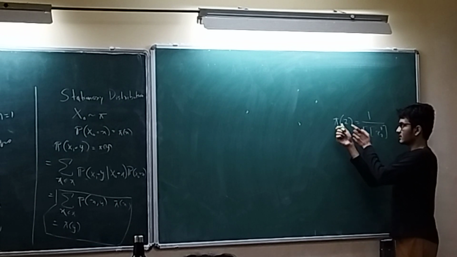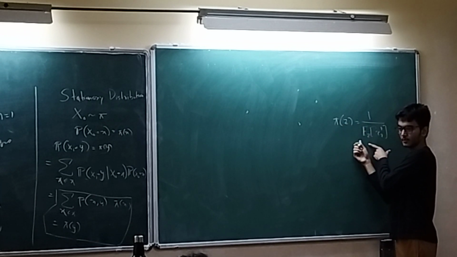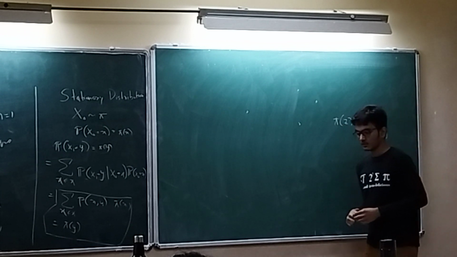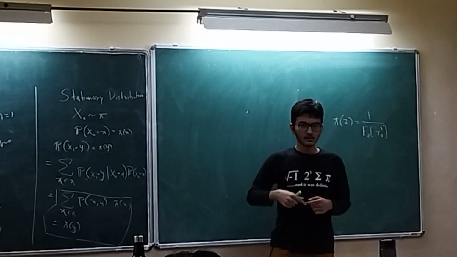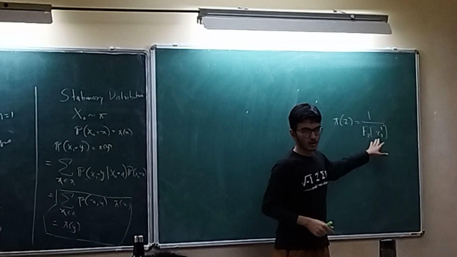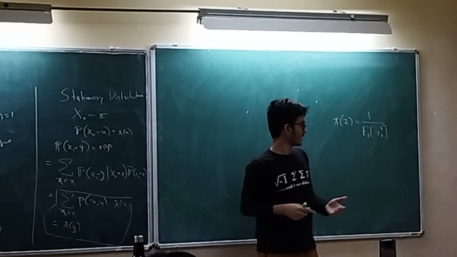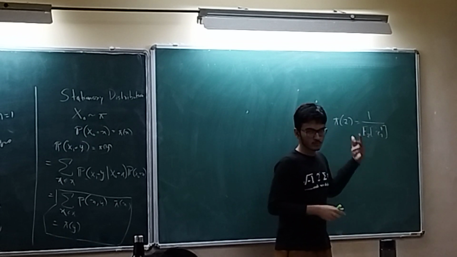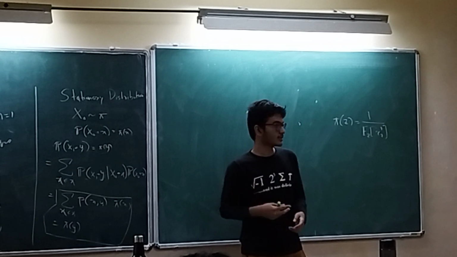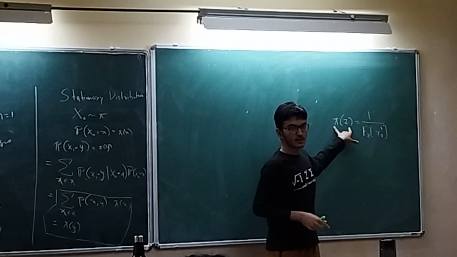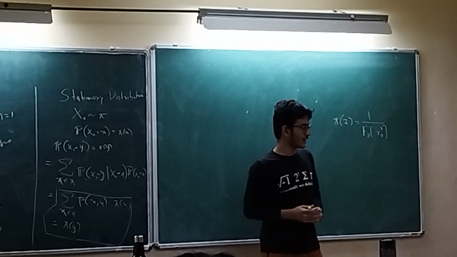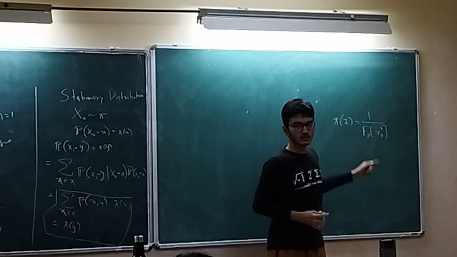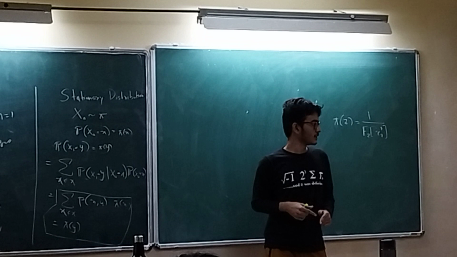That is, it says that the stationary distribution is inversely proportional to the time taken to return. So if there is a state where you will return many times, that is, this time is small, let's say the expectation is 2, then you will return many times, and hence pi should be large, because if you look at the long run, then it's more likely that you will be at this state, because you will return to this state many times.